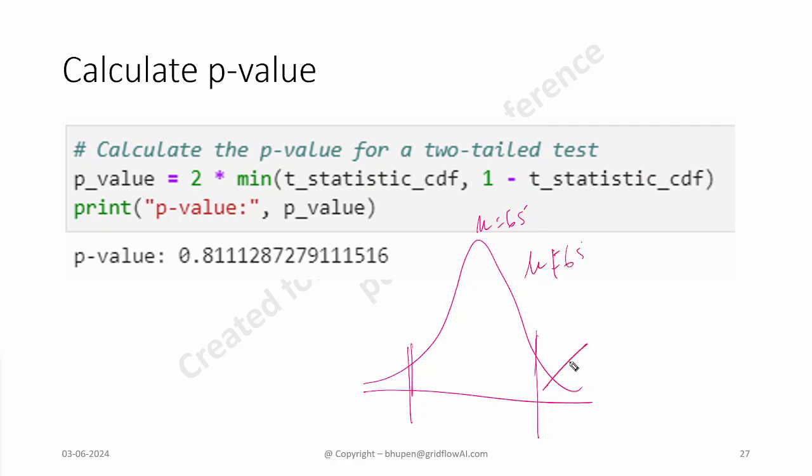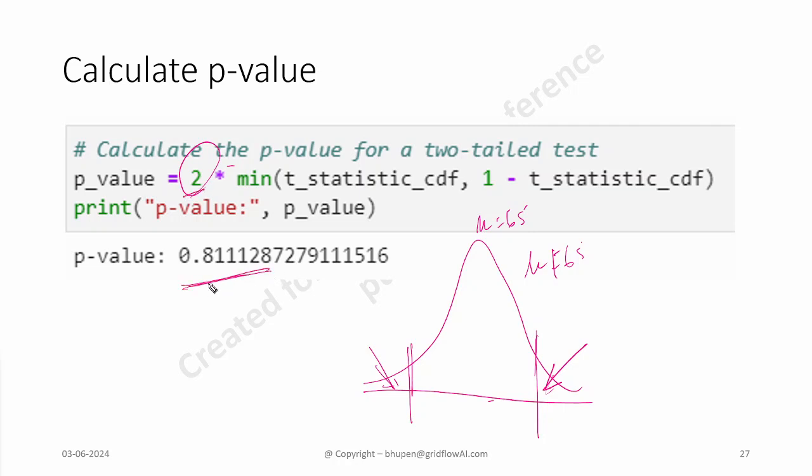Not equal to means it could be greater than 65, or it could be very much less than 65. So there are two possibilities, and because of that, we multiply by 2.